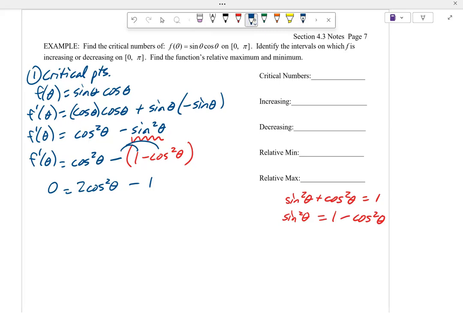So I'm going to add 1, divide by 2. I got cosine squared equals a half. Square root both sides. So the cosine of theta is plus or minus the square root of 1 over the square root of 2. So cosine theta is plus or minus root 2 over 2.